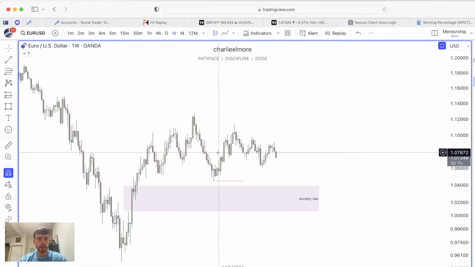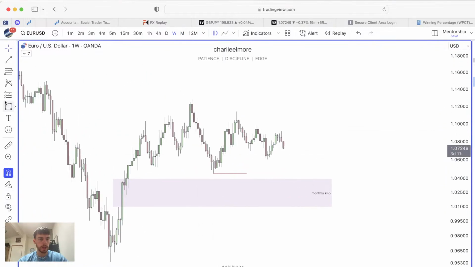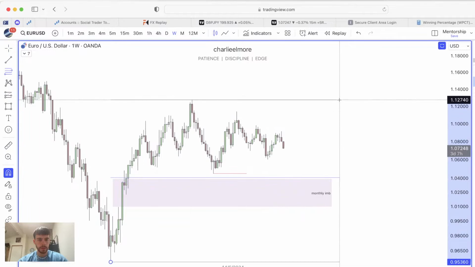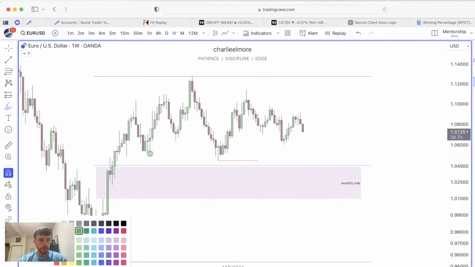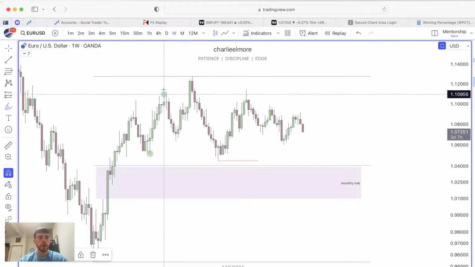Weekly, I'm going to keep that on. And then weekly, if we remember, this was the structure points that we broke. So this is the weekly structure. We had a low, a high, higher low, higher high, break.